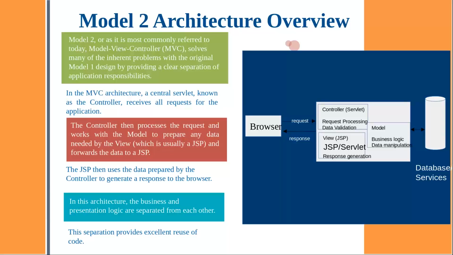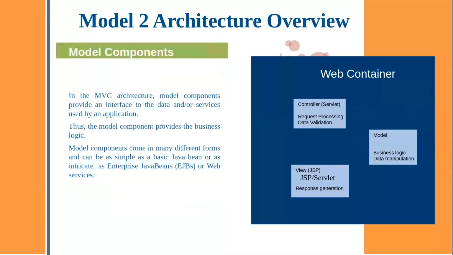Now we'll come to the model. In the Model 2 architecture, we have a model component. I told you earlier, the model component is where the business logic and the data manipulation happens. So in the MVC architecture, the model components provide an interface to the data or services used by the application.